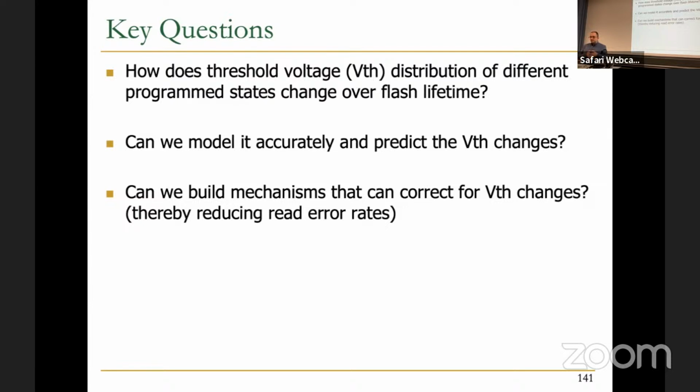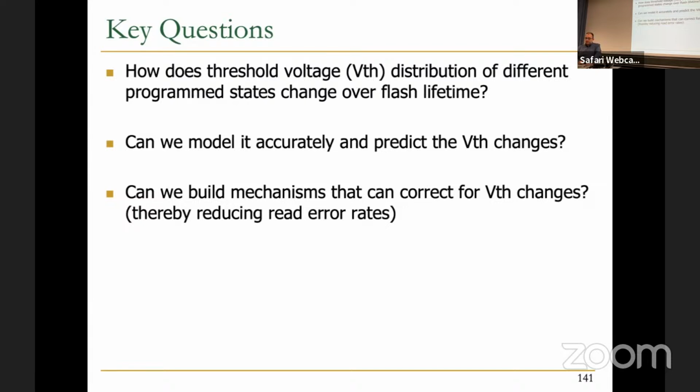Remember that when you access your flash memory and your ECC fails, you need to retry with another reference voltage. So once you have a nice model of VTH changes, you can predict or estimate your reference voltages nicely, and then you can access your flash memory better.